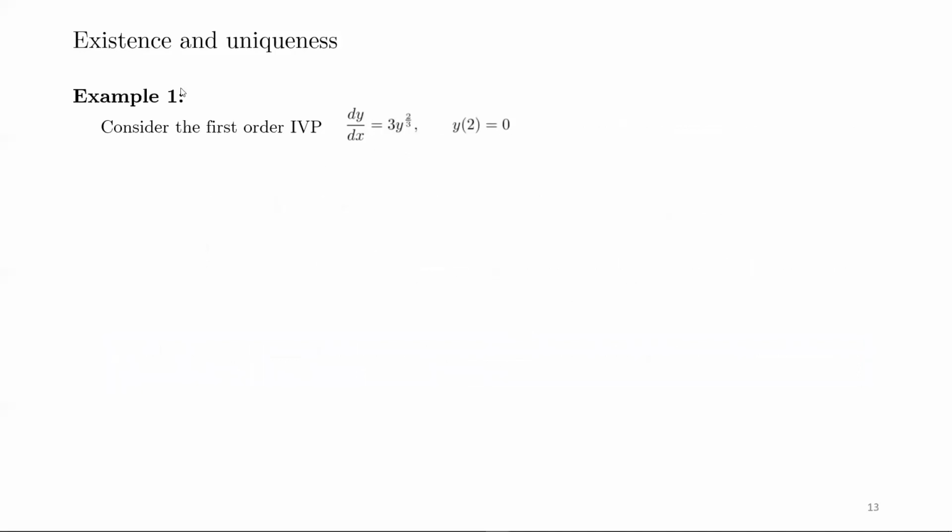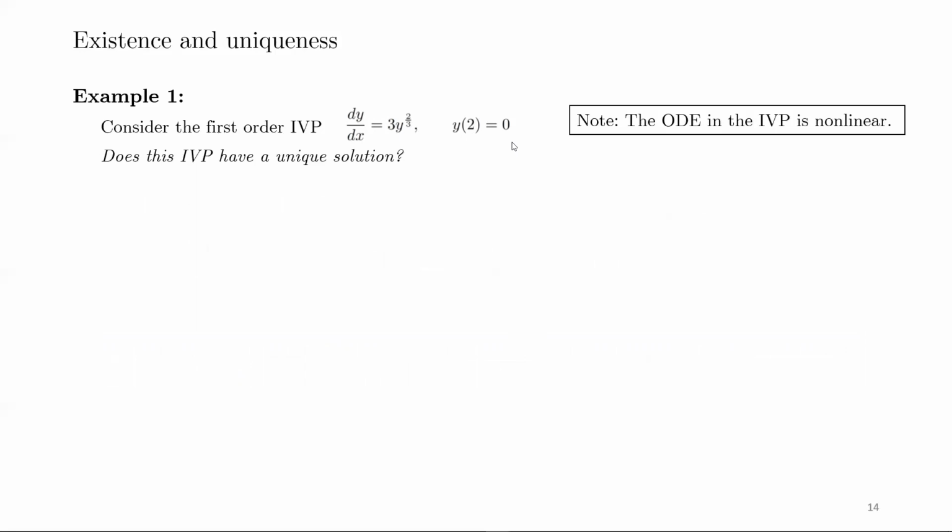Okay, well let's look at example 2. So we've got another first order initial value problem, and in fact it's another non-linear first order initial value problem because y, being the dependent variable, is to the power of 2/3, so that's something that's non-linear. Our initial condition is when x equals 2, y equals 0. Does this initial value problem have a unique solution?